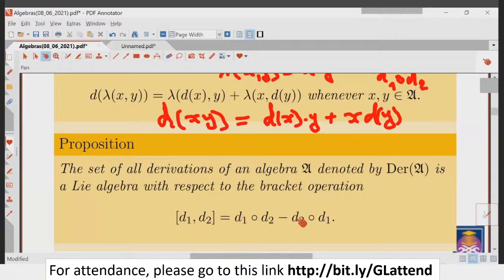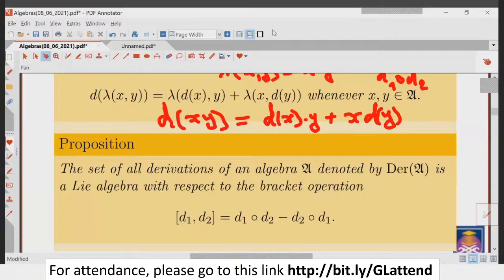So you can consider their difference, D1∘D2 minus D2∘D1. The resulting function is bilinear, and the composite of linear functions is a linear function again. So the difference of two linear functions is a linear function.